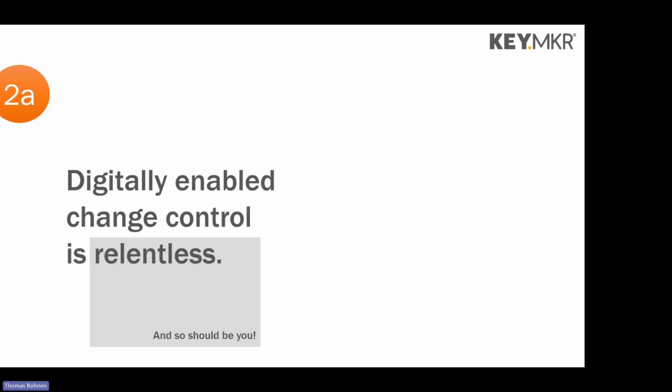So they have all the means for a very detailed change control, they being the FDA. And you should have the same rigor with change control. This is the 2A takeaway of this section.